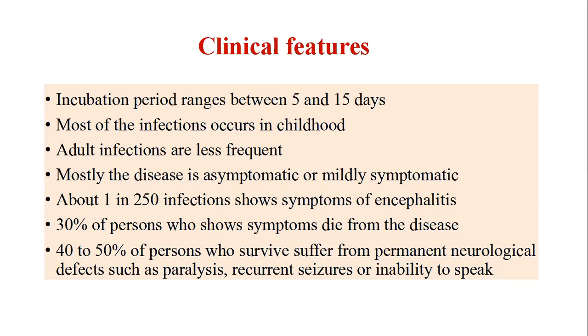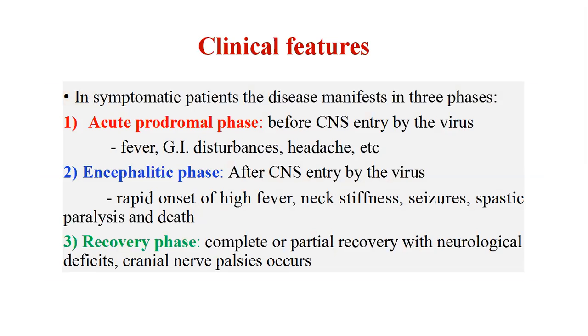About 1 in 250 infections shows symptoms of encephalitis, and 30% of persons who show symptoms die from the disease. 40 to 50% of persons who survive suffer from permanent neurological defects such as paralysis, recurrent seizures, or inability to speak. So this is a very dangerous type of virus.